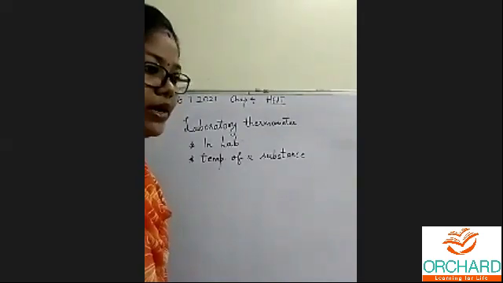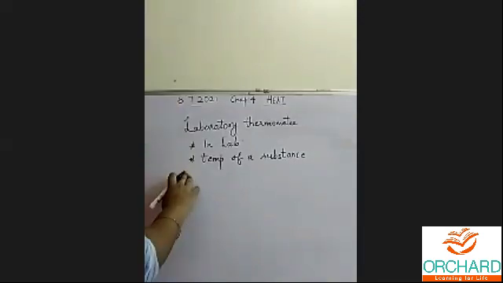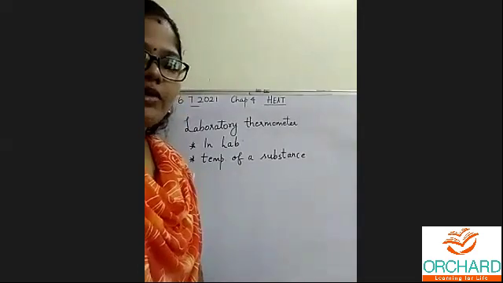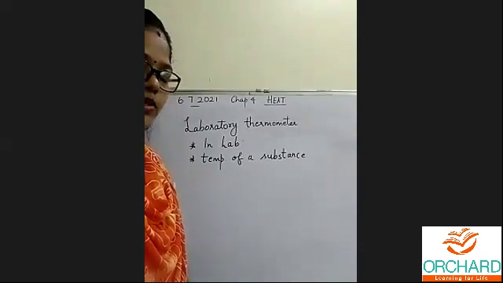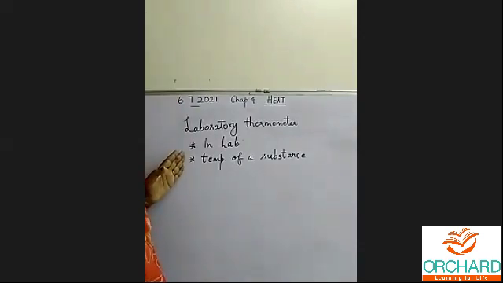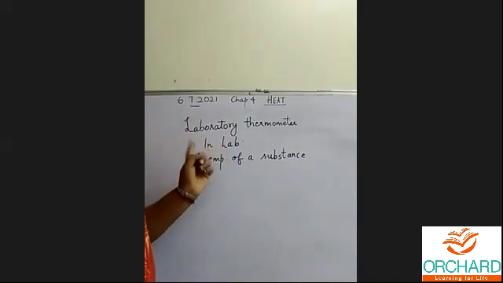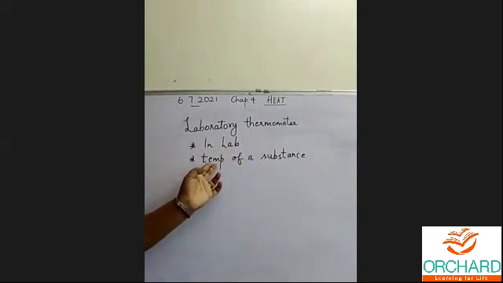It has to be maintained at 25 degrees Celsius to get the best hatching. Like that, in laboratory experiments, there will be some specific temperature to be maintained for a substance. For that, we make use of the laboratory thermometer. These are used in research labs, chemistry labs, all the labs, and they help you find the temperature of the substance.